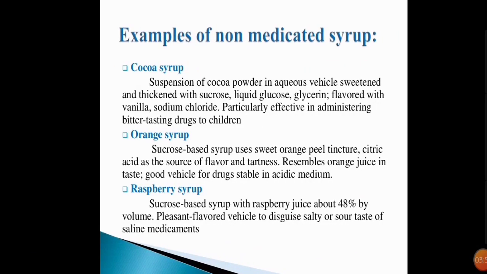Then we have examples of non-medicated syrups. As I told you before, cocoa syrup contains the flavor of vanilla, or it may be chocolate. Then we have orange syrup, which will have orange as a flavoring agent.